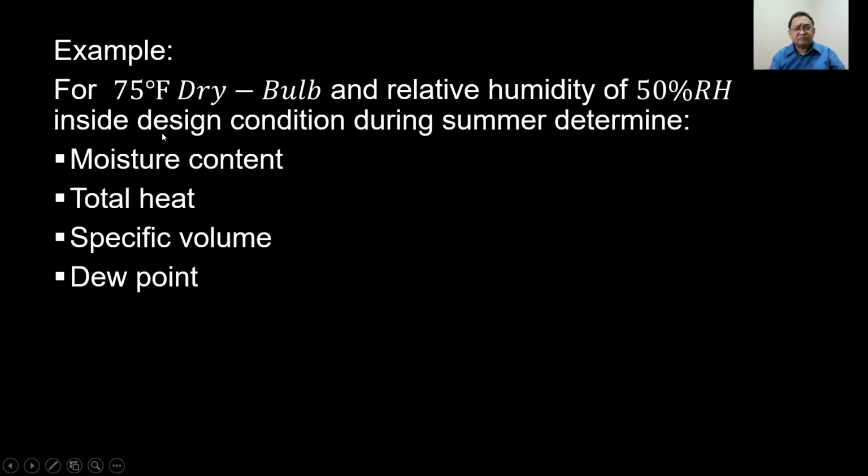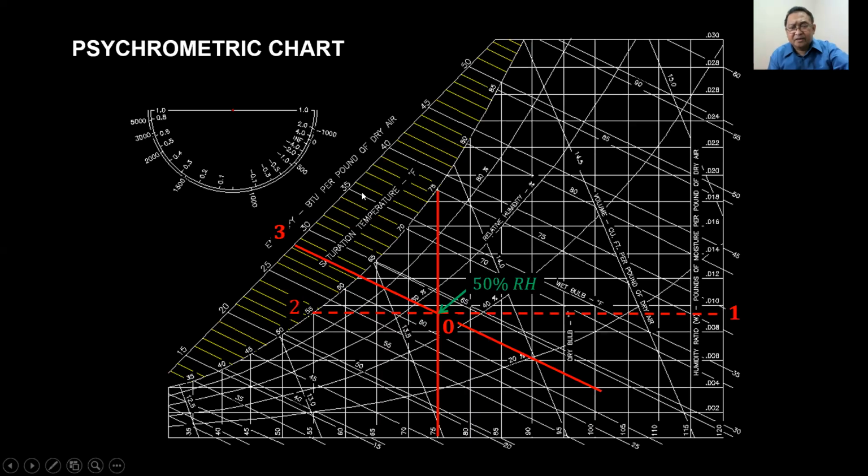And another example, for a 75-degree Fahrenheit dry bulb and a relative humidity of 50% RH, the design condition during summer, determine the moisture content, the total heat, the specific volume, and the dew point. So we will draw here 75 dry bulb and at 50% RH.